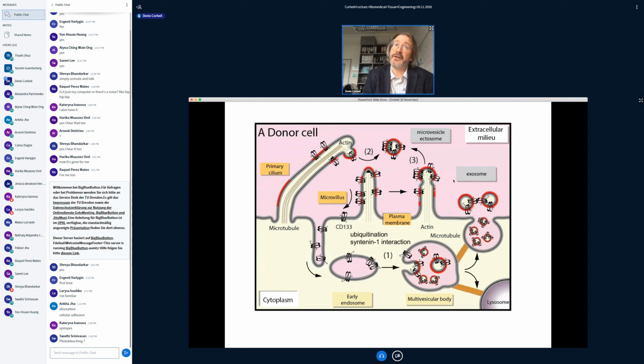Now, if we go back to the epithelial cell, you have two ways that prominin can be released: CD133 can bud directly from the microvilli and be released outside, or it can bud from the primary cilium and be released as a microvesicle or ectosome.